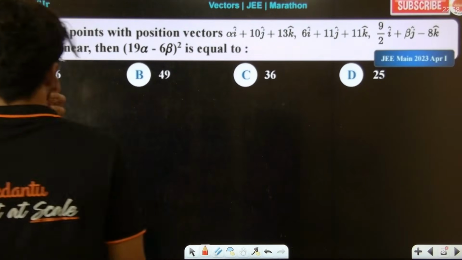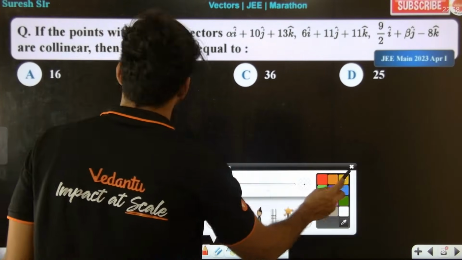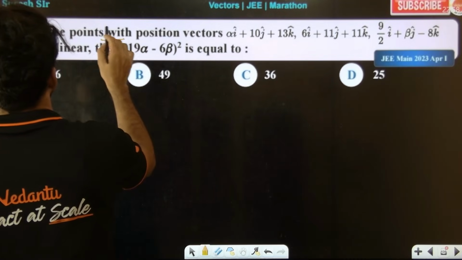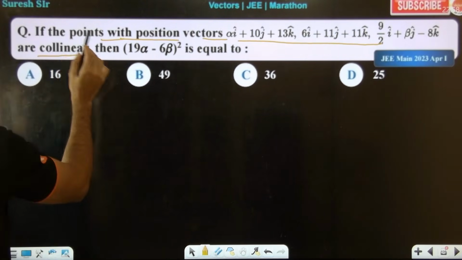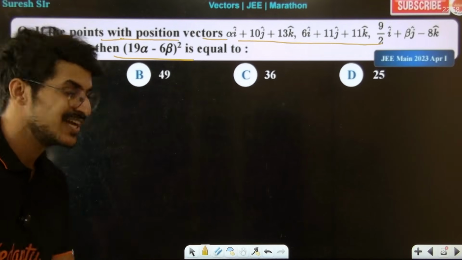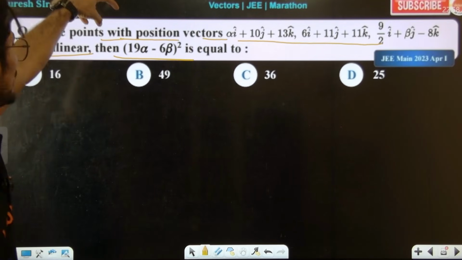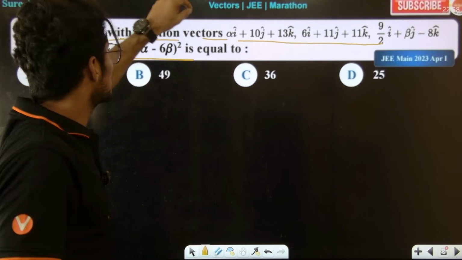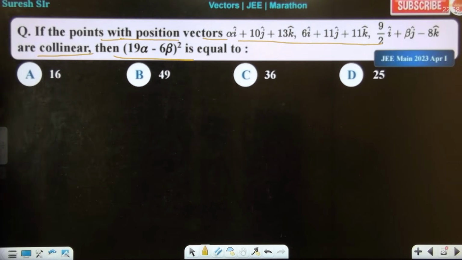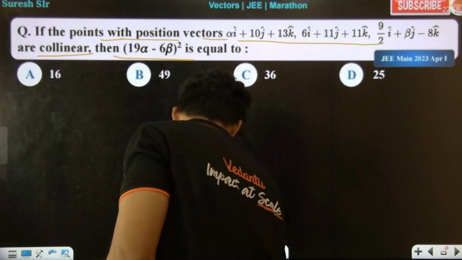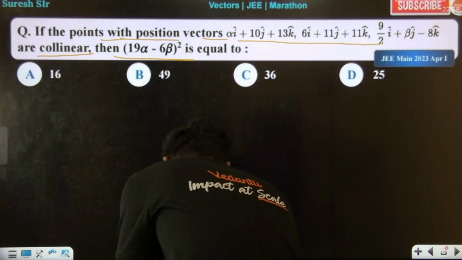If the points with the given position vectors are collinear, then this is equal to dash. They are collinear, given. Sir, if they are collinear, how do we deal with this?